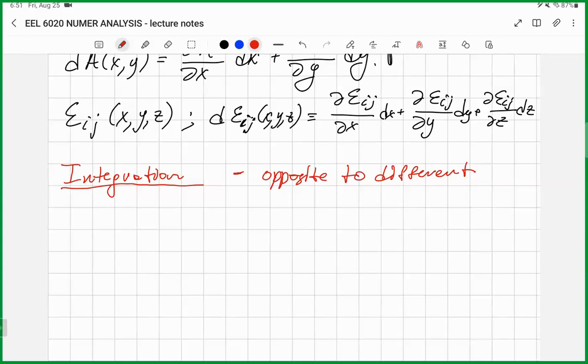Differentiation shows how fast a function changes from point to point, right? In contrast, the integral accumulates the change over a certain interval.